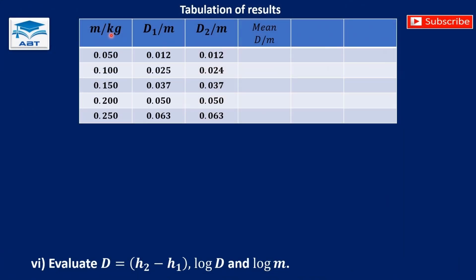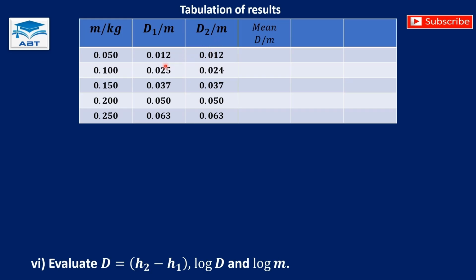So we have the mass in kilograms, D1 in meters, D2 in meters, and we find the mean D also in meters, that is D1 plus D2 divided by 2.